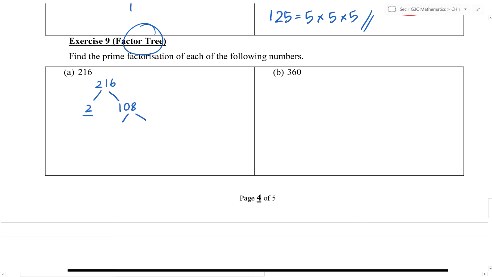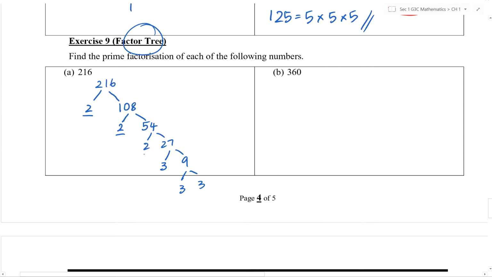What is the next smallest prime number? 2 again, followed by, what is the other factor? 54. Then let's branch out again, 2 and 27. Now when it comes to 27, what do we have? 3 and 9. When it comes to 9, what do we have? 3 and 3. And can we divide anymore? We've come to the end already.